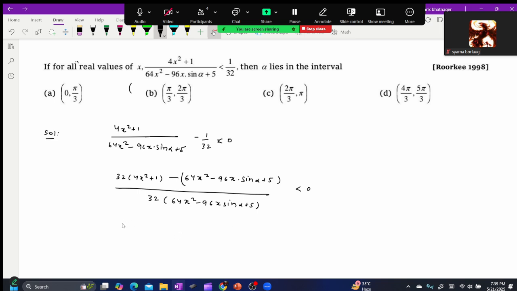It will be 32 into 4, 128x square plus 32 minus 64x square plus 96 sin alpha minus 5. Again, this will be one thing, and there will be another inequality 64x square minus 96x sin alpha plus 5. This has to be less than 0.